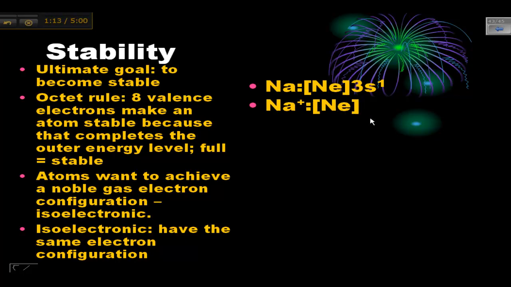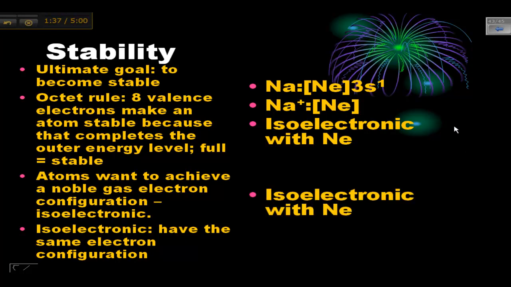So it loses 3s1 and it becomes just like neon, and we call it Na+1 because now it has 11 protons, but it only has 10 electrons, so it has a +1 charge. So it's isoelectronic with neon. It has the same number of electrons. And these are what we call ions, and we'll be talking a lot more about them coming up.